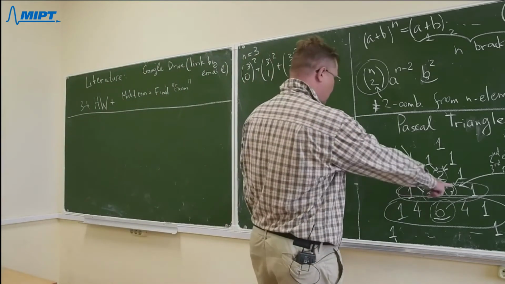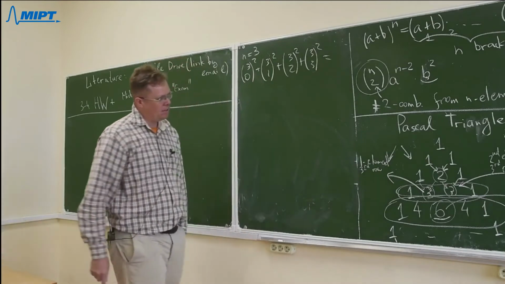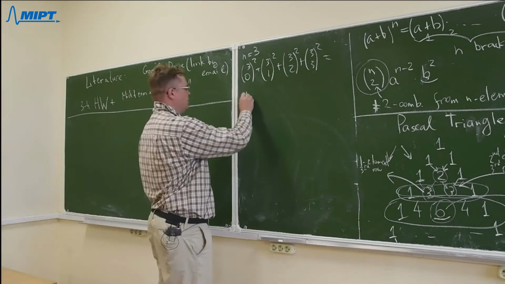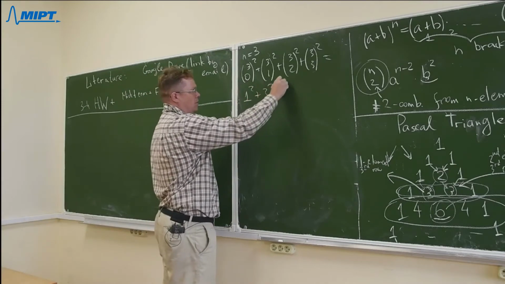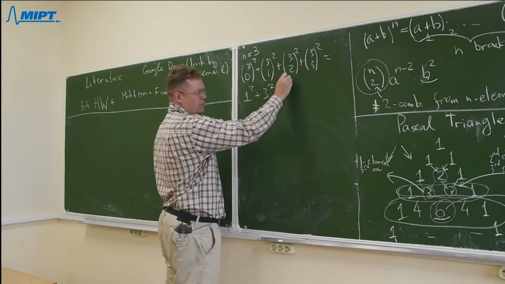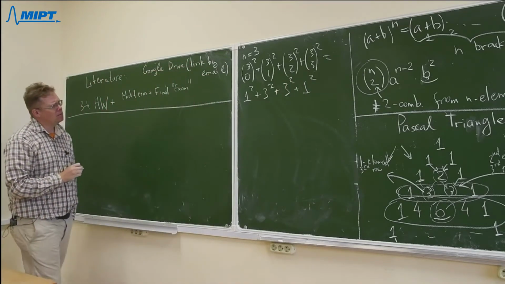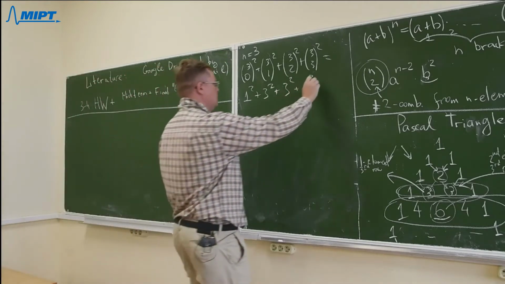So here I just take the row in Pascal's triangle and calculate the sum of squares. Here we have 1 squared plus 3 squared plus 3 squared plus 1 squared, and this will be 20.